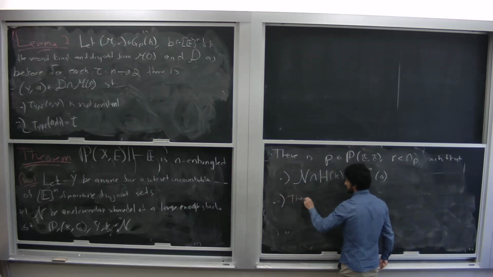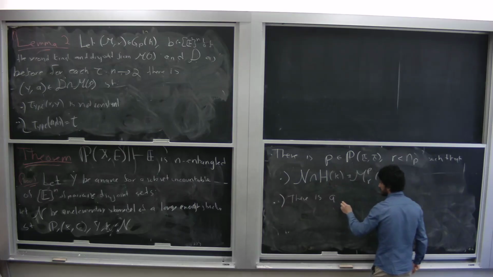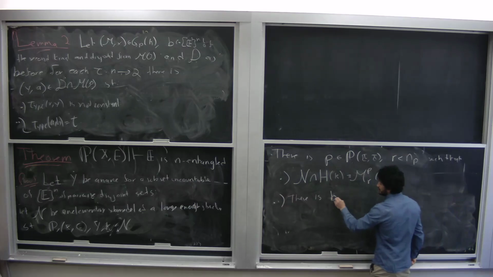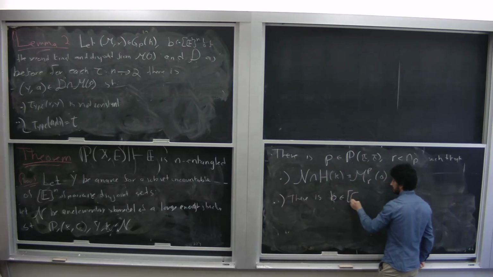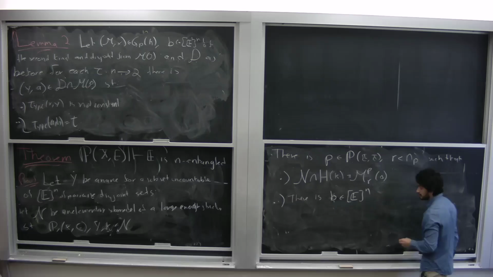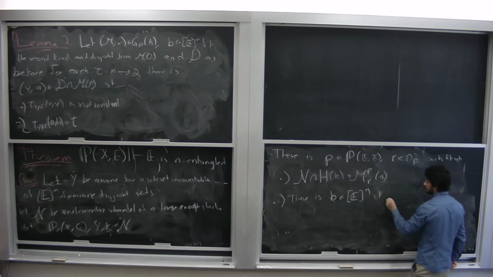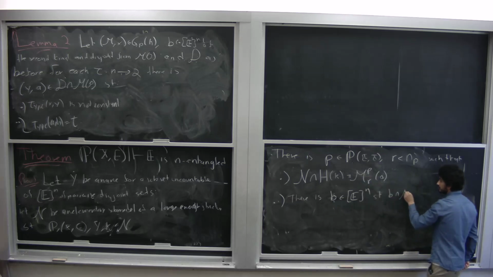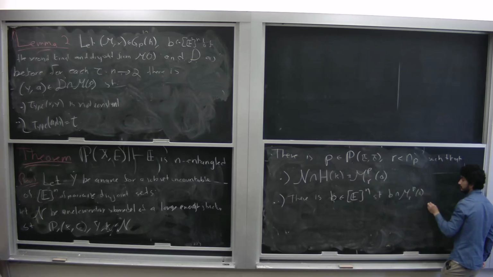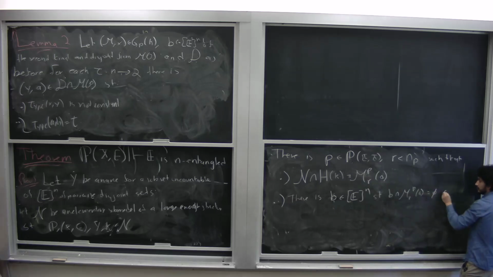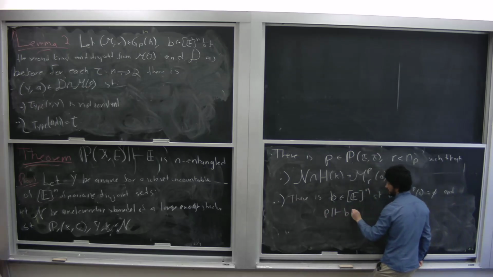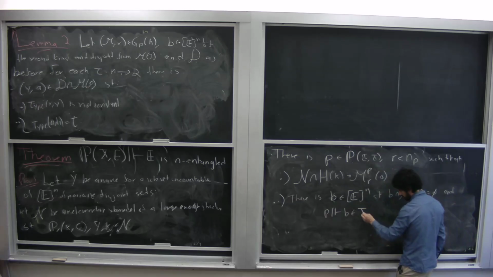So there is B in E to the n such that B is outside M_p R_0, and p forces B to be in Y prime.